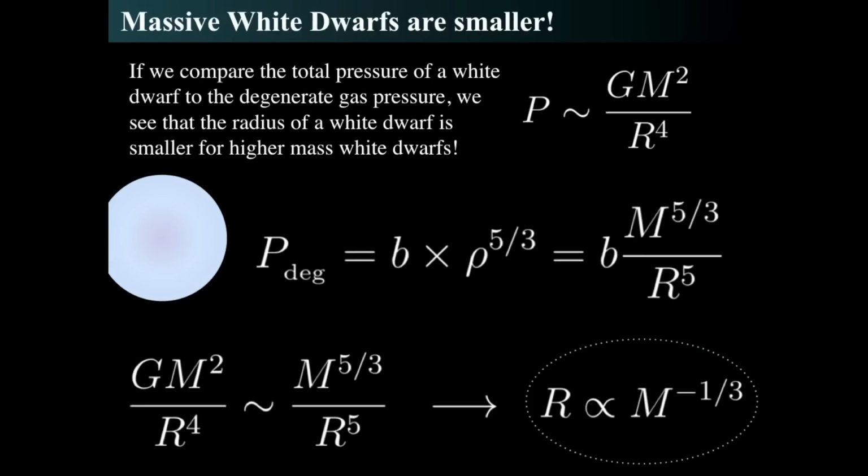Pressure degenerate is rho to the 5/3 power, which is like the mass divided by the volume cubed, which is radius cubed. That's where that M to the 5/3 and R to the 5th power comes from on the right-hand side.